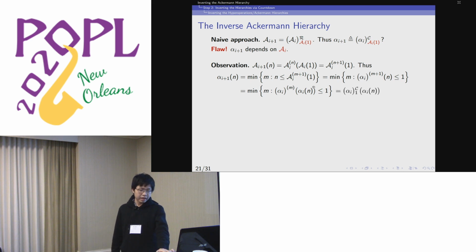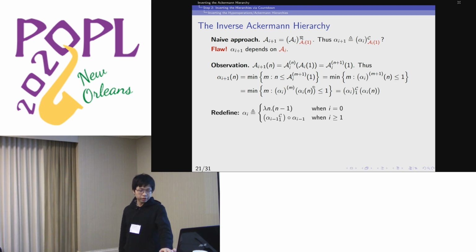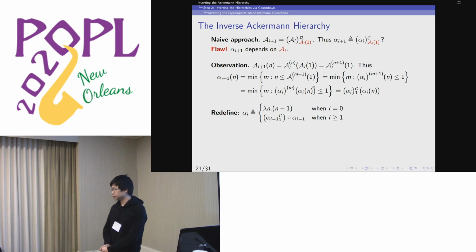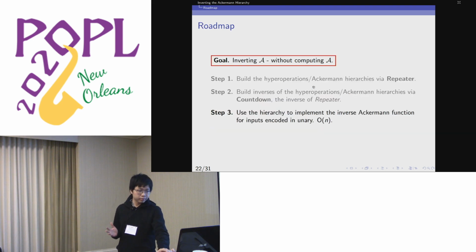With this, actually, the next level is just the countdown of the previous level composed with the previous level inside. And so with this, we have built the inverse Ackermann tower independently from the Ackermann tower. So we are ready to build the inverse Ackermann function in the next step. So let's go to that.